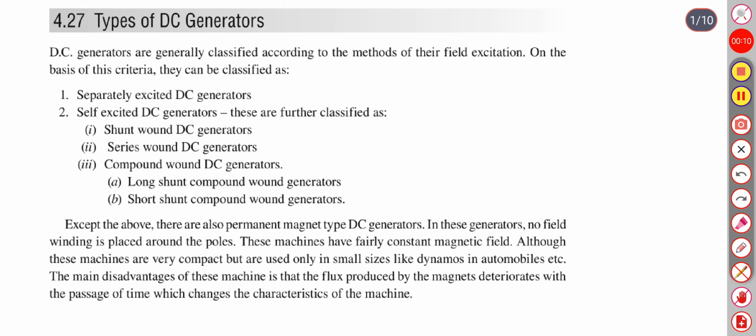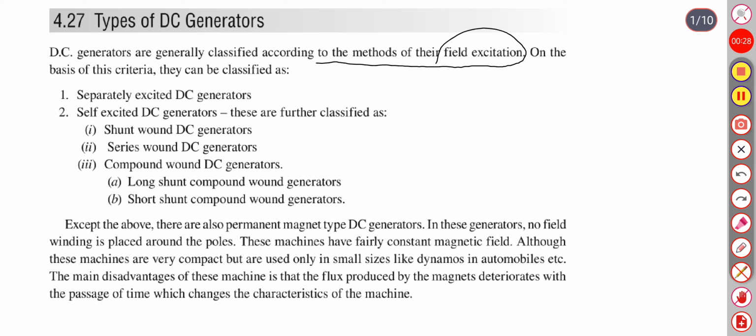In this video, we will discuss the types of generators. DC generators are classified according to the method of their field excitation.